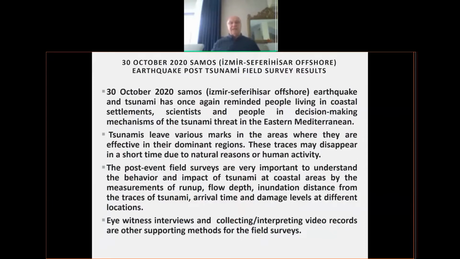Why did we go to the area very quickly? Because tsunamis leave various marks in the areas where they are effective, and the traces left by tsunamis may disappear in a short time.